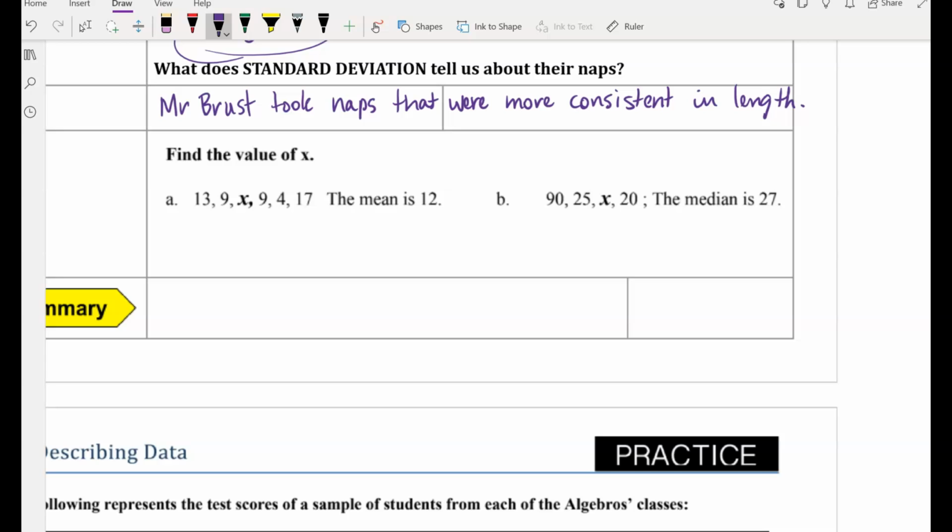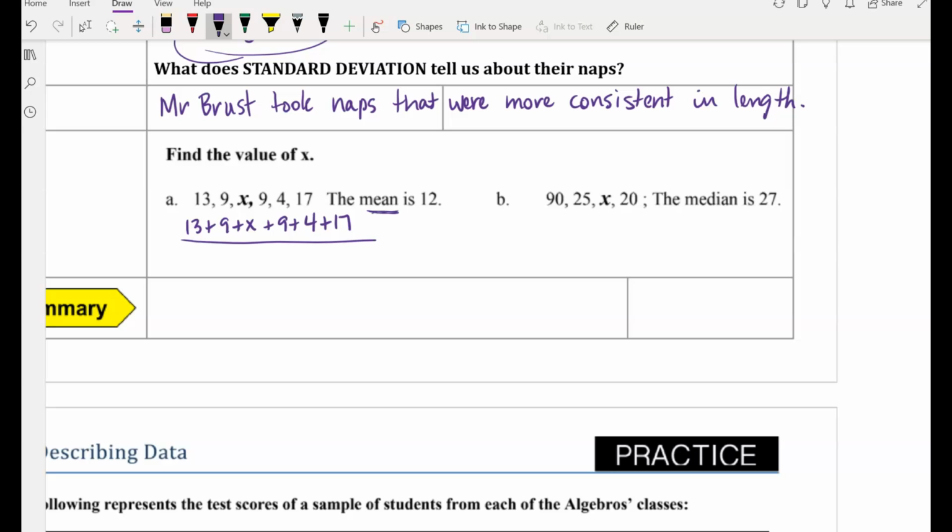Let's look at some examples of how algebra can be helpful for us when we're looking at statistics. In our first data set, we have a list of numbers, but one of the numbers we don't know, and it's x. We want to find x if the mean of this list is 12. We know that to find the mean, we need to add all the items in our list and divide by the number of items that we have.